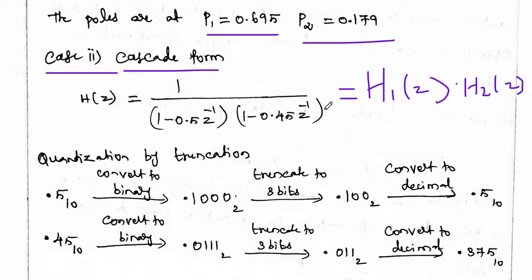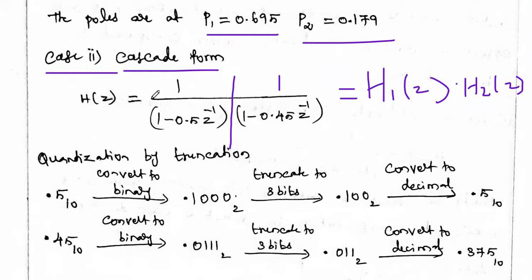Each transfer function we realize in direct form, and finally we connect them in cascade. So we split: 1 divided by 1 minus 0.5 z inverse is H1(z), and 1 divided by 1 minus 0.45 z inverse is H2(z). That is the cascade form.